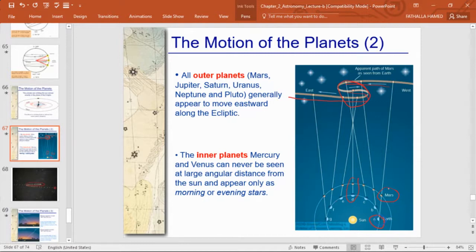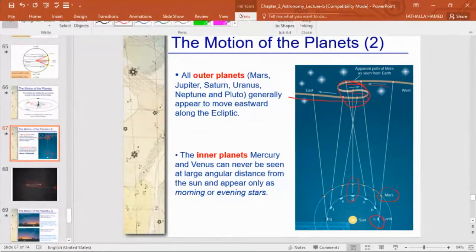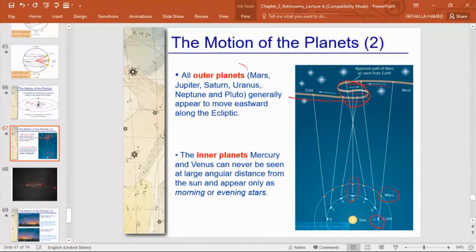So this is something that you can also spot in the sky. Now, this happens with the outer planets for us, like Mars, Jupiter, Saturn, Uranus, and Neptune. But it's very clear for us when we see this eastward motion along the ecliptic. So that's something that you can see in the night sky.